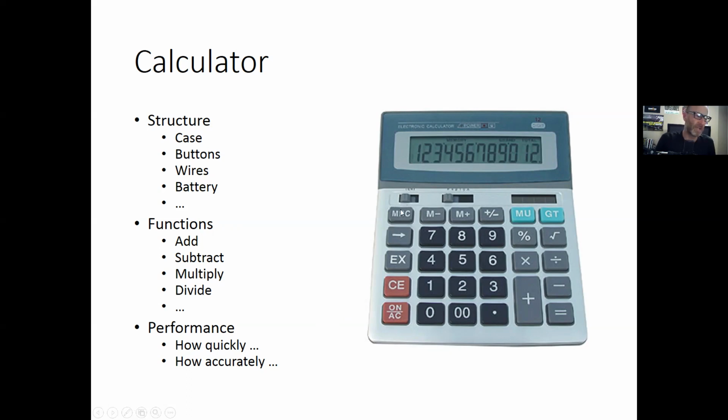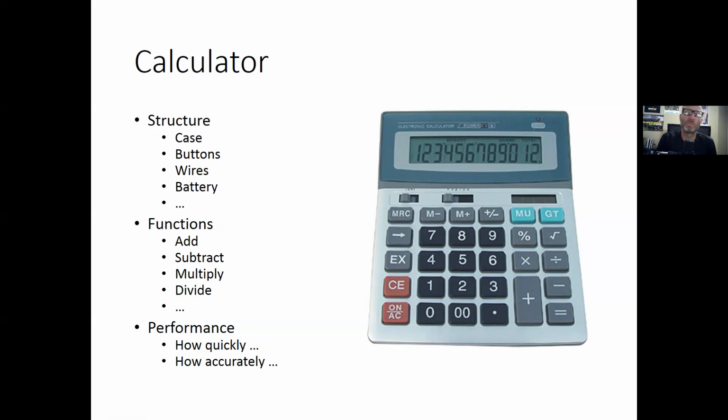Most calculators happen pretty quickly, but maybe there's a reason to have an even faster calculation if we're trying to use some automated system. You know, now we're getting to self-driving cars. That performance of calculations needs to happen really quickly in order for that car to be safe. All right, so that's structure, function, and performance of an object.